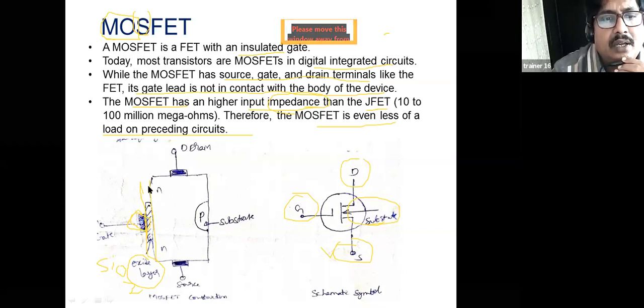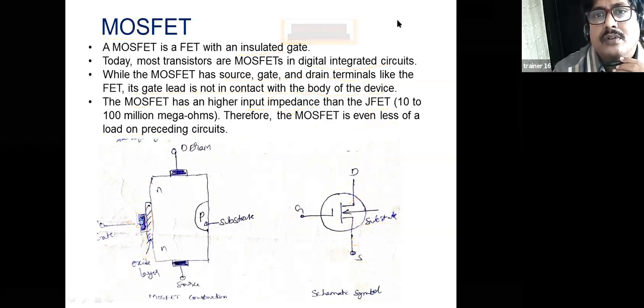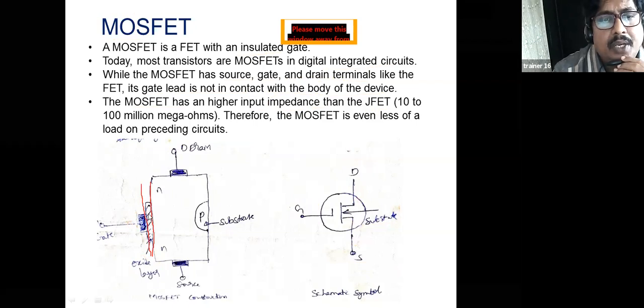Again I am drawing clearly, all of you observe. This is one plate, and this is the other plate. In between these two plates, an oxide layer, that is a silicon dioxide insulator, is there.